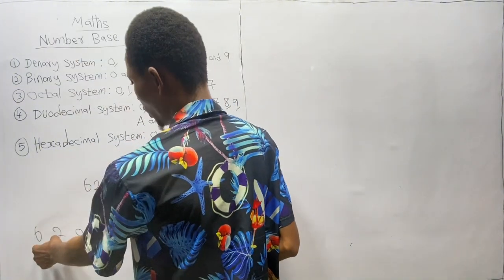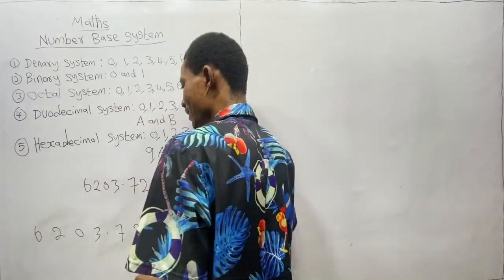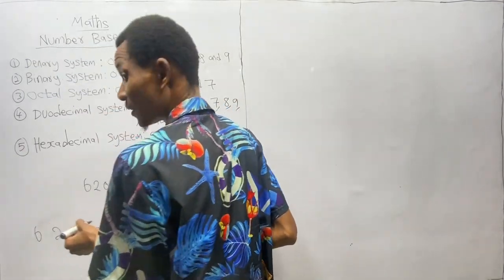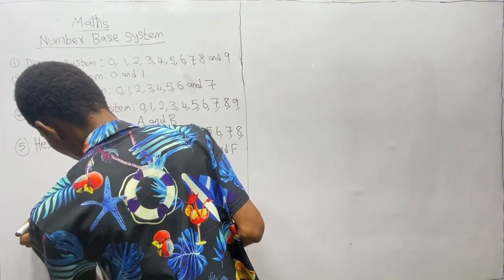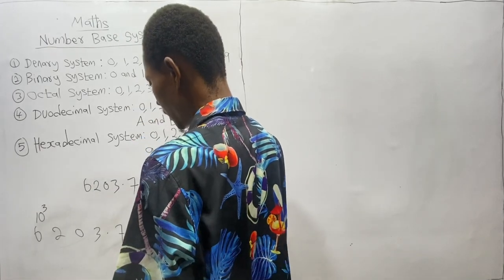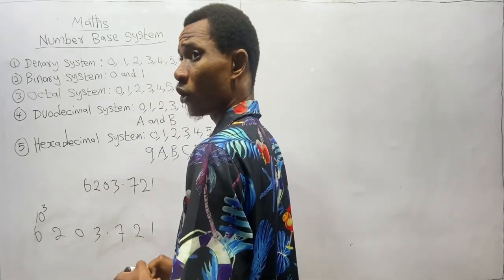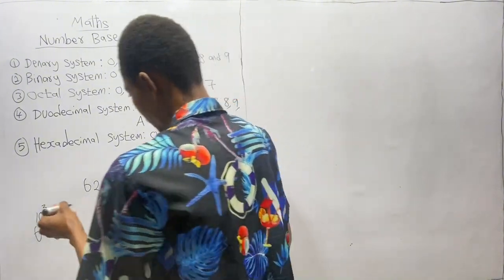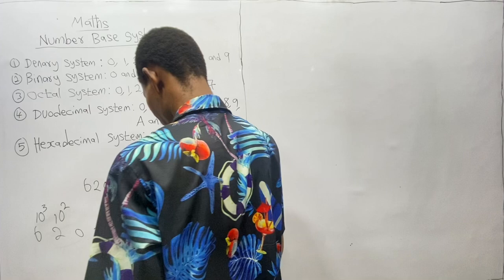Now, the value of 6 here is 1000, and 1000 can also be written as 10 raised to the power of what? 3. The value of 2 here is 100, and 100 can also be written as 10 raised to the power of 2.